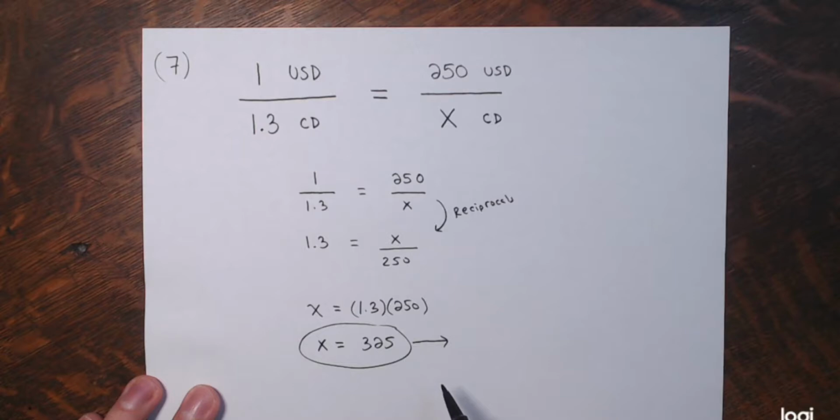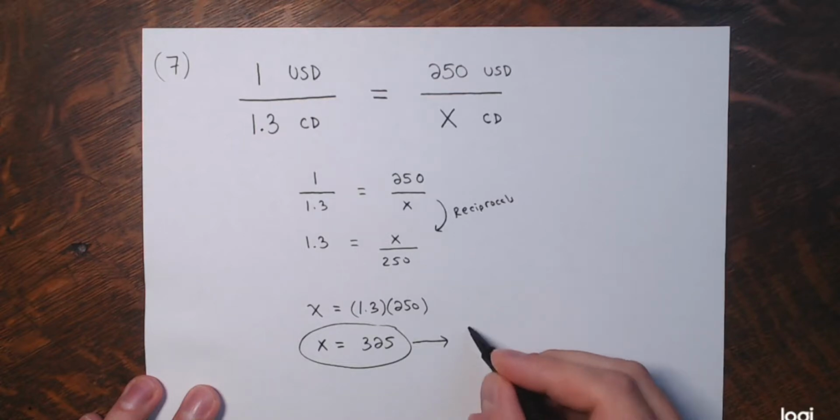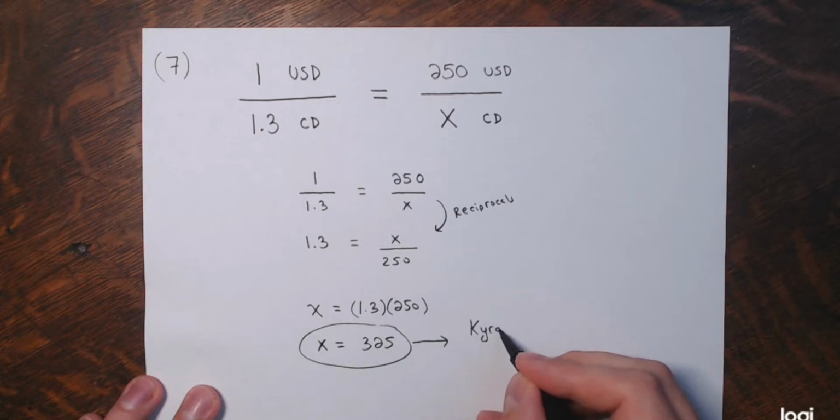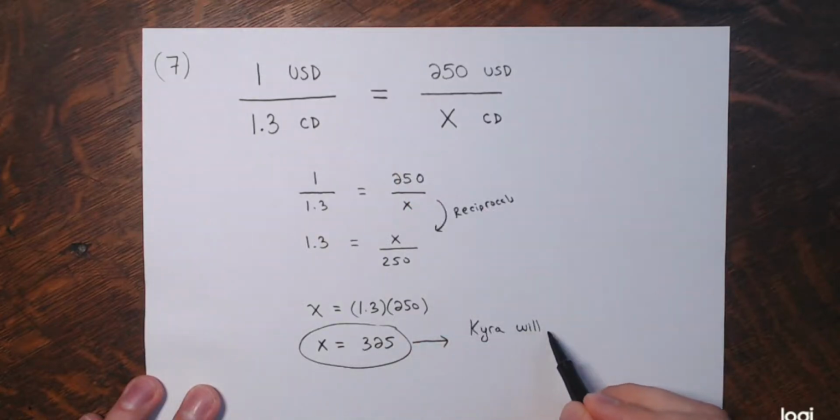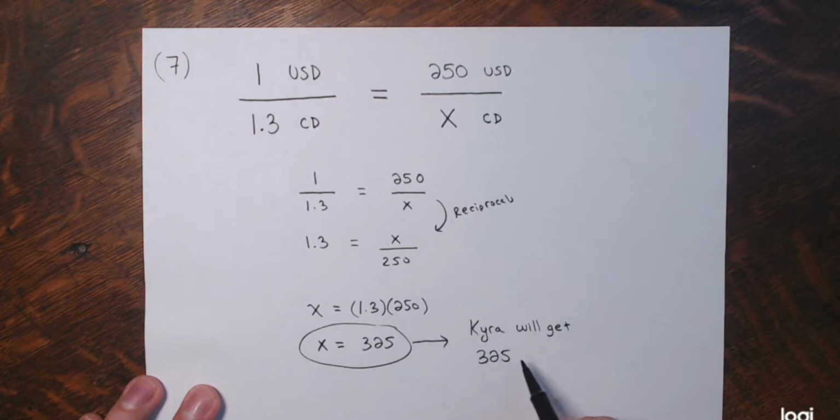What was her name? Kira. So Kira, if she exchanges 250 US dollars for Canadian dollars at this rate, will get 325 Canadian dollars for the trip.